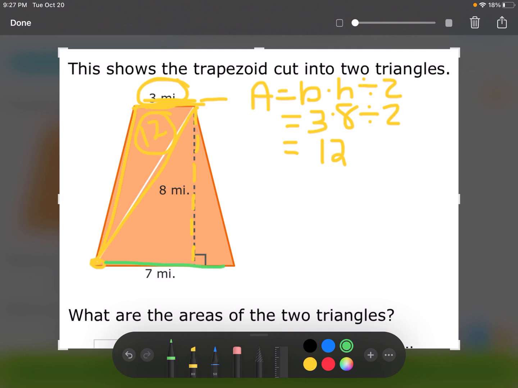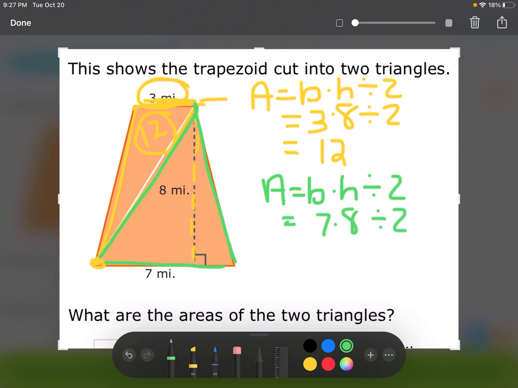For the second triangle, area equals base times height divided by 2. My base is 7. My height is 8. I'm dividing that by 2. So 7 times 8 is 56. 56 divided by 2 is 28.